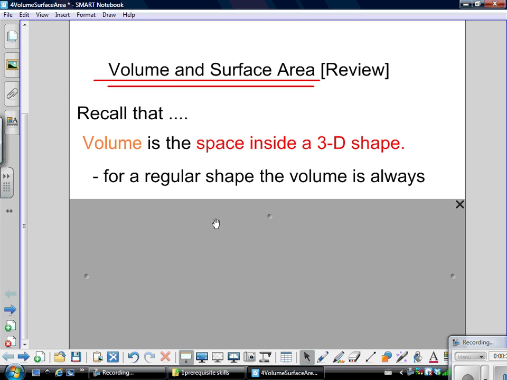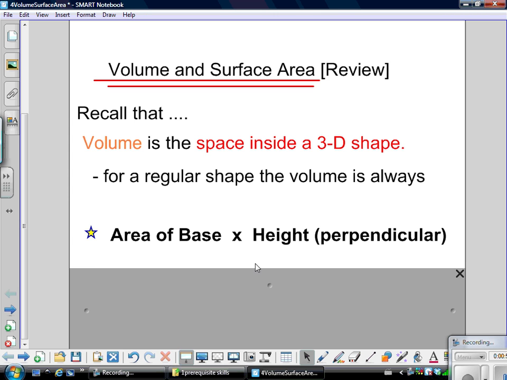Now, for a regular shape, and by regular shape we mean something that if it starts off as a circle, remains the same circle at the top, or the same rectangle at the top as at the bottom, the volume is always the area of the base times the height.